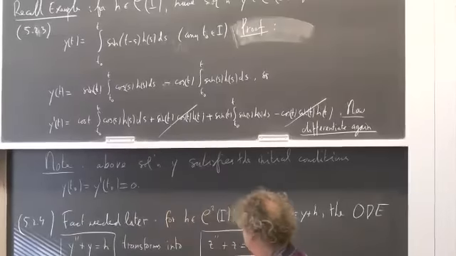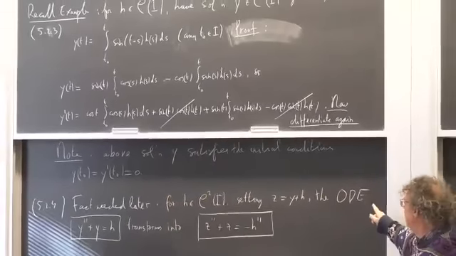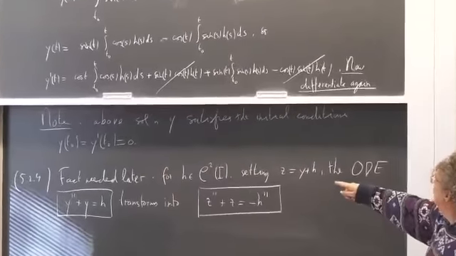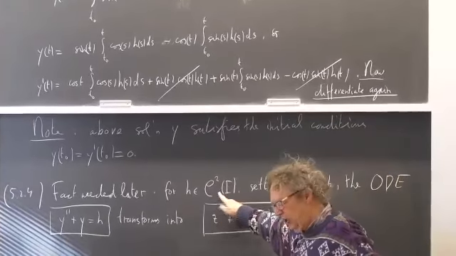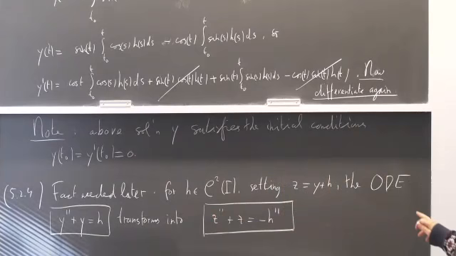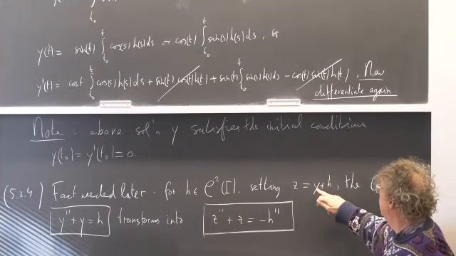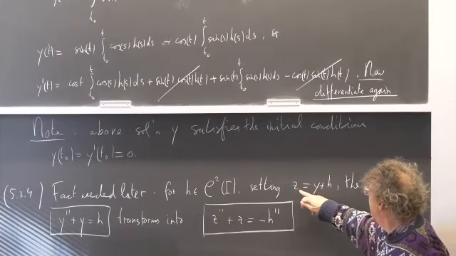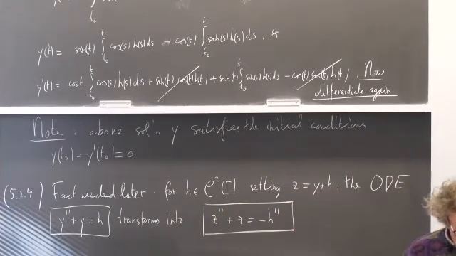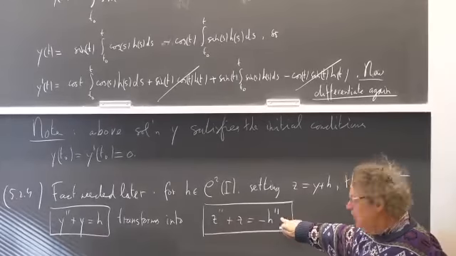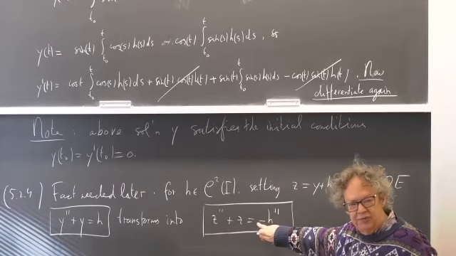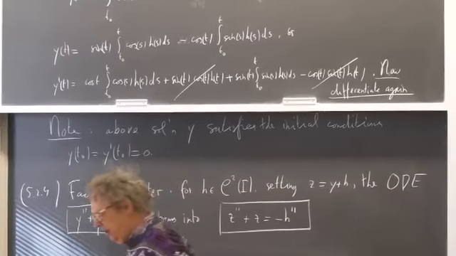Okay, and there is another fact that we need later on, but here we have to assume that h is not just continuous, but twice continuously differentiable. But then you can make a change of variables, or a change of unknown, so to say. Instead of solving for y, you solve for z, which is y plus h, and then the original ODE transforms into this one, which has the same form, but with a different right-hand side, minus h double prime.